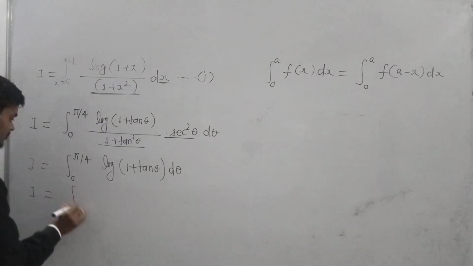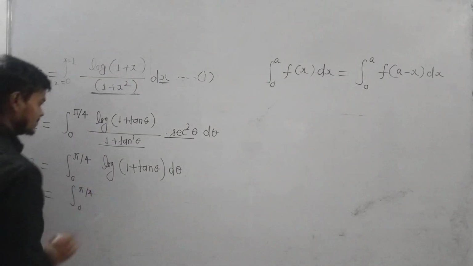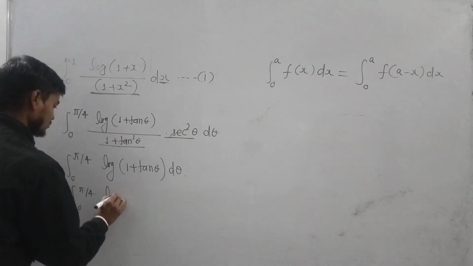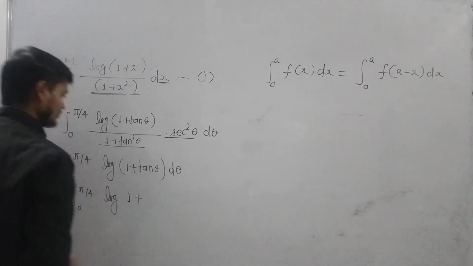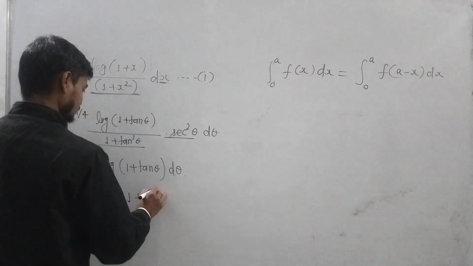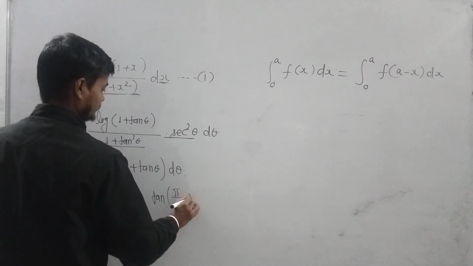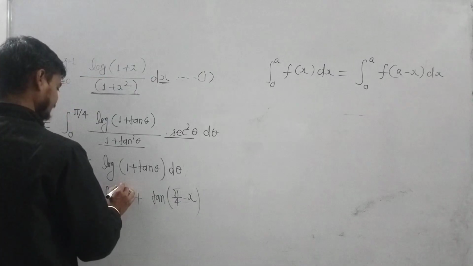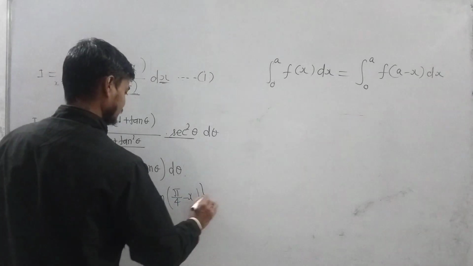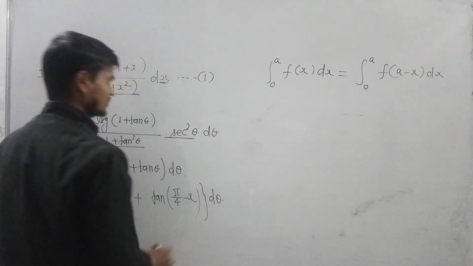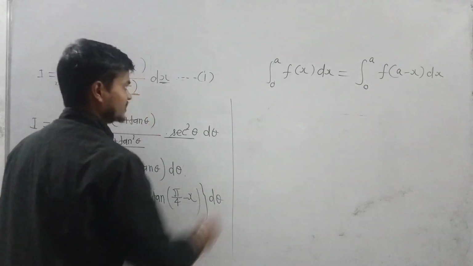I equal to 0 to pi by 4 log of 1 plus tan of pi by 4 minus theta d theta. We solve this.